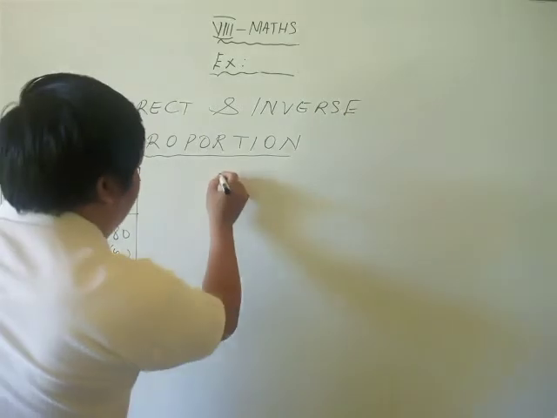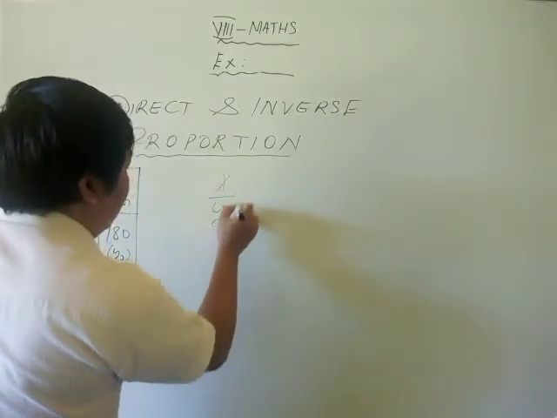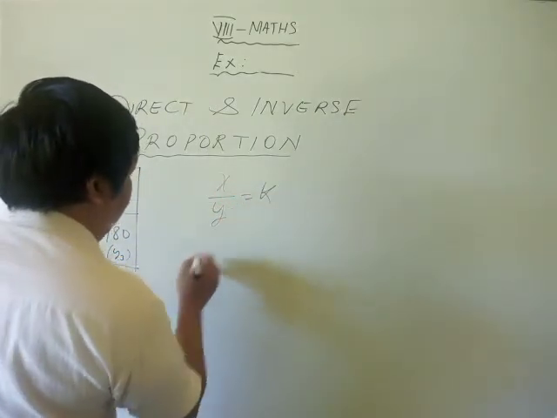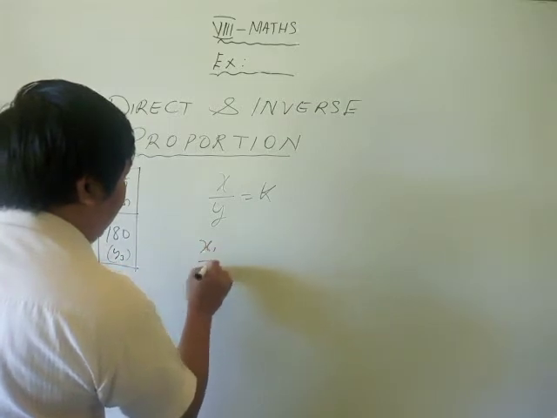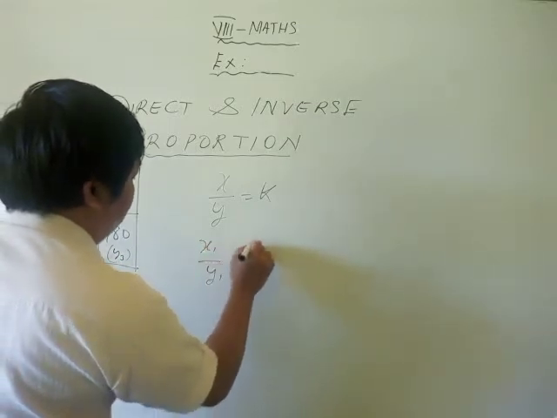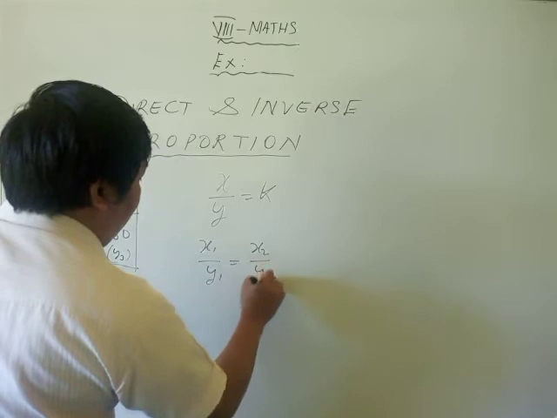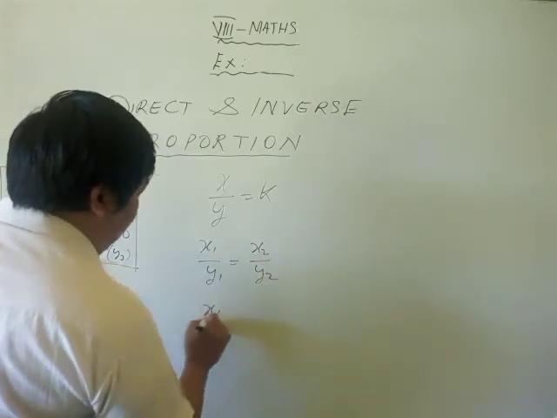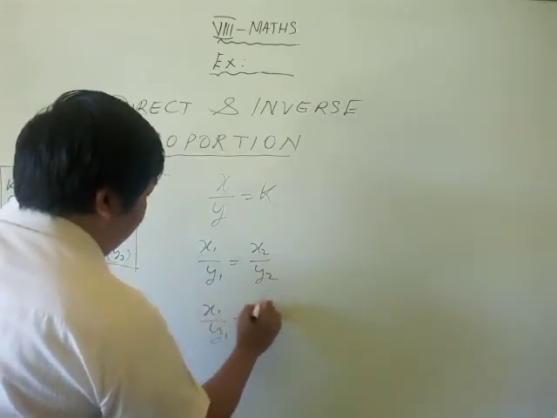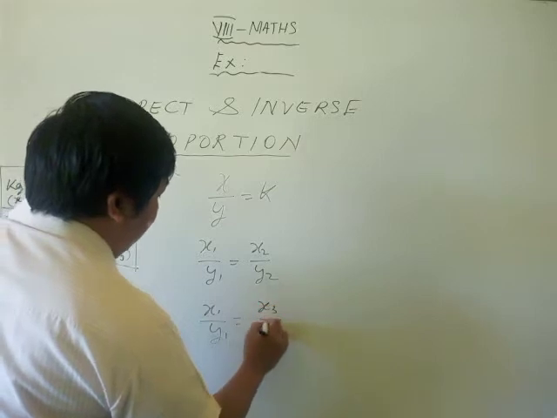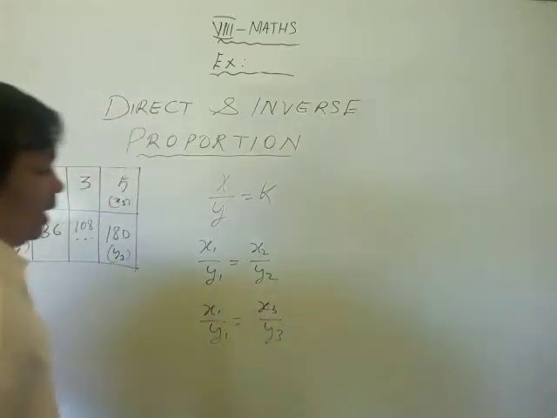So my question, we know that x by y is equal to constant. And one more thing, x1 by y1 is equal to x2 by y2, or x1 by y1 will be equal to x3 by y3, for they are in proportion.